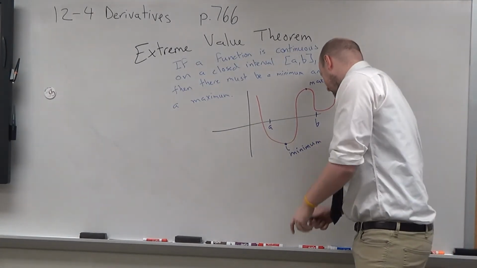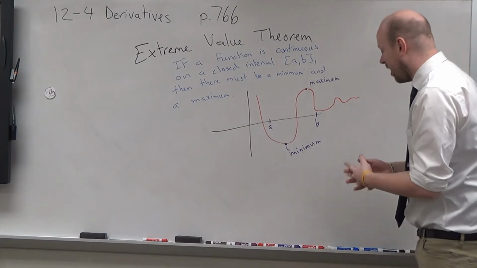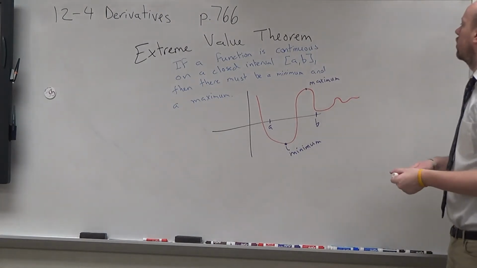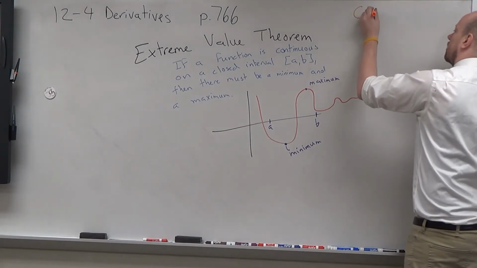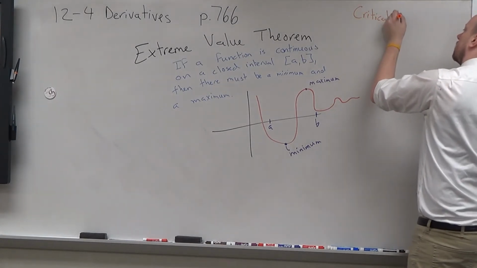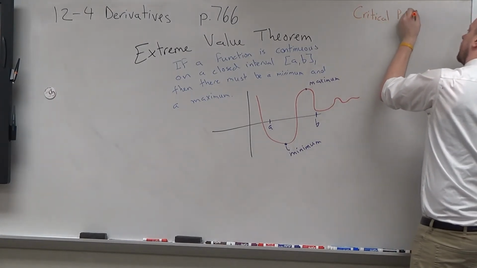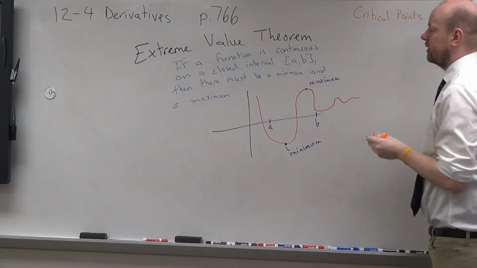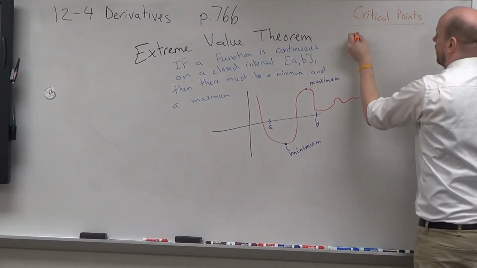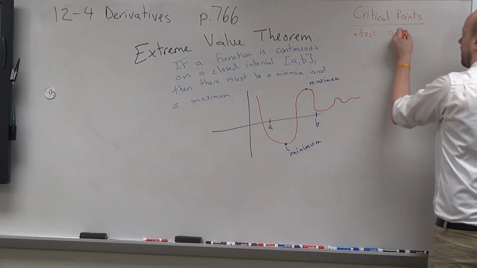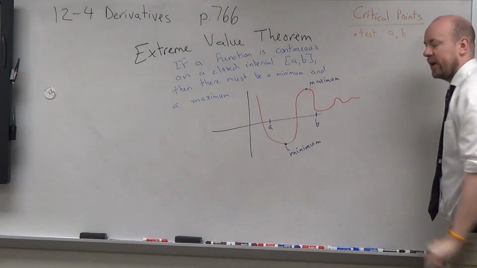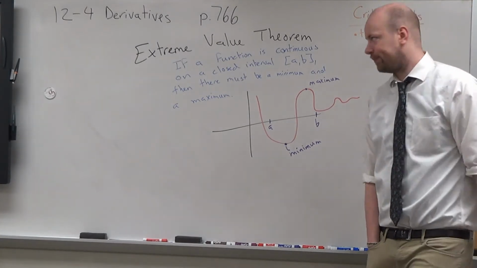Okay. And we can actually calculate these values. To calculate these values and figure out where they are, we have to use critical points. There are two ways to find critical points. The first one is you always test A and B. We always test our starting point and our ending point, no matter what.